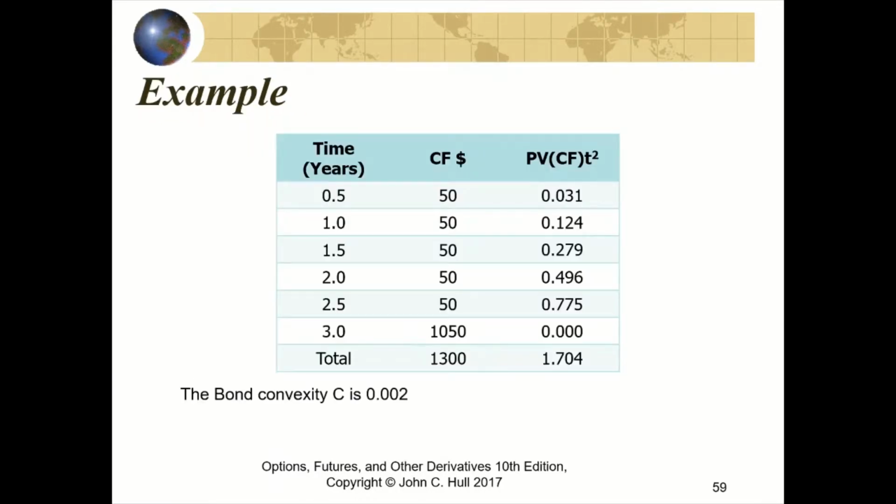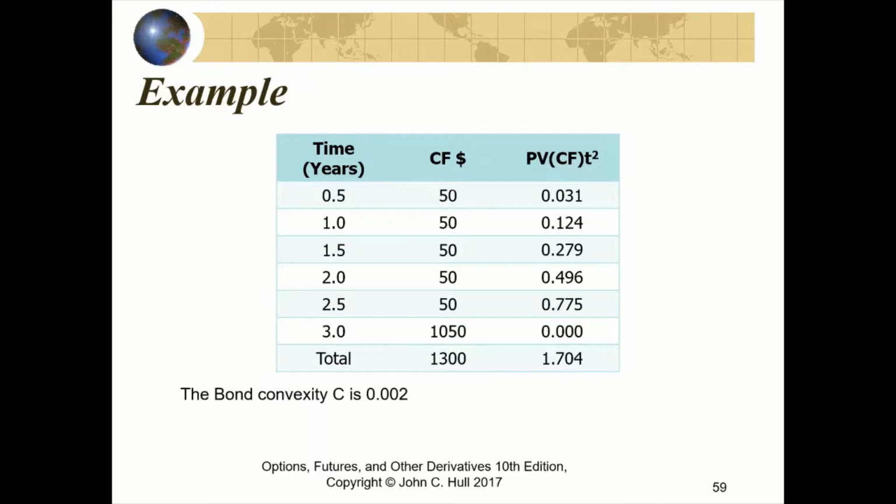So if we want to find the convexity using the bond in the previous example, we have here the cash flows that the bond generates, and we need to determine this column here. To get this column, we multiply the present value of the cash flow, discounted using the current yield, times 0.5 squared, the square of the time at which the payment will take place.